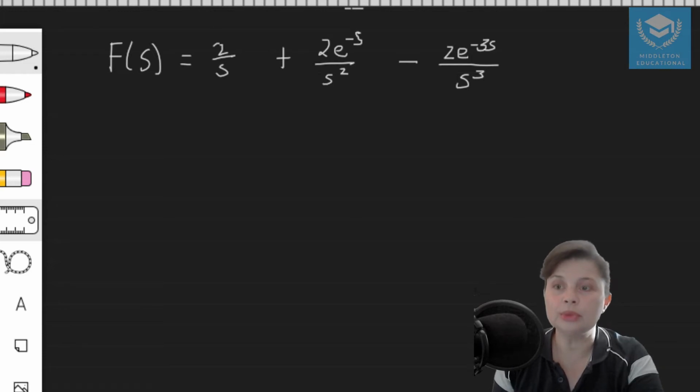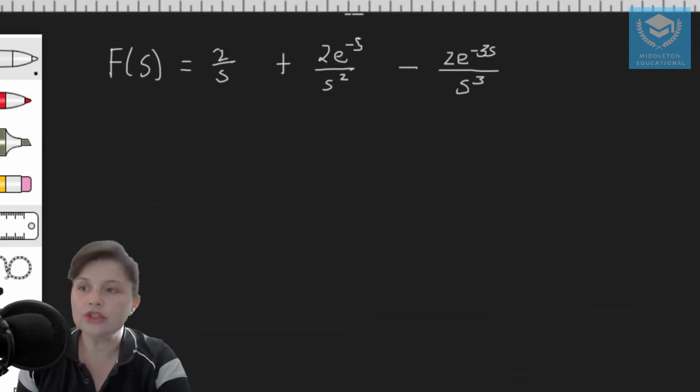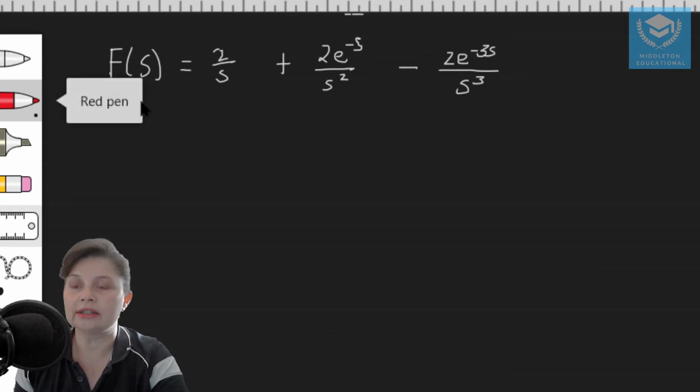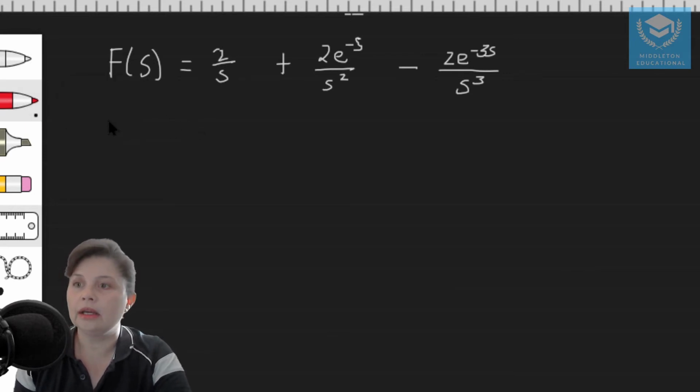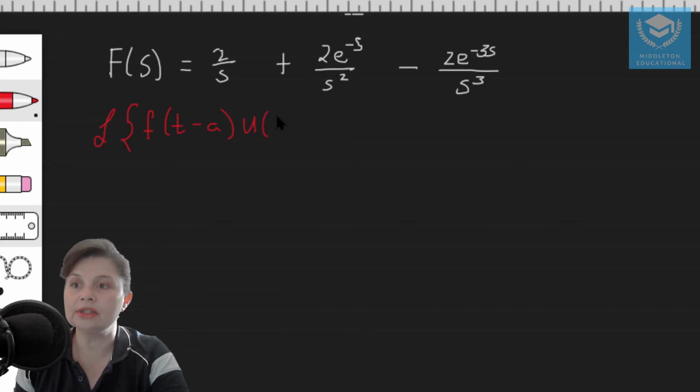So now we want to put the second and the third term into the same form as your second shifting theorem. So let's just remind ourselves of what the second shifting theorem is. That if you have the Laplace transform of a function that looks like f(t minus a) times the step function u(t minus a), that is going to be equal to e to the power minus as times the transform of f(t).